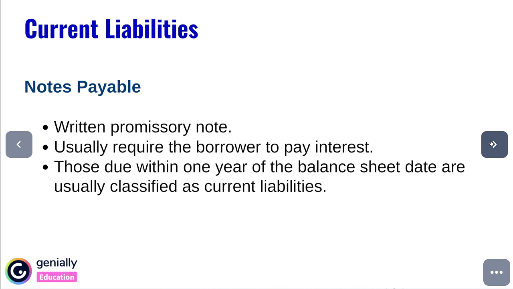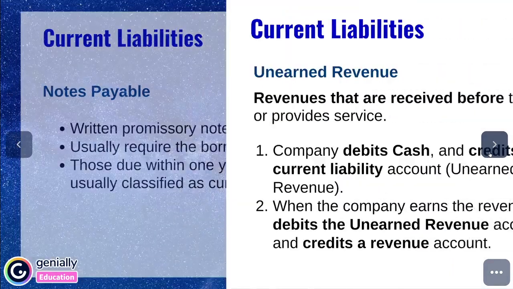Normally the borrower has to pay interest on the amount they borrow from the lender. If we talk about current liabilities, the term of the lending is due within one year of the balance sheet date, so it is usually classified as a current liability. That means less than one year, and it is called a note payable.